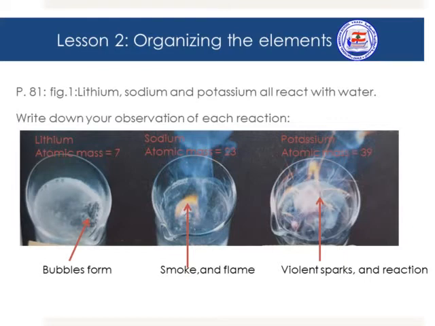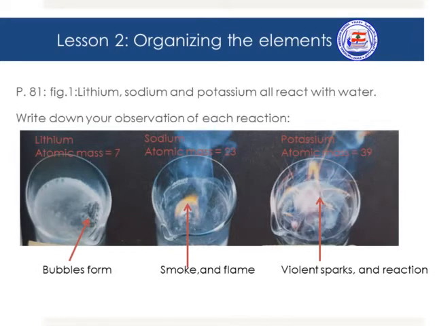Please don't forget to copy the answers on your books. Now let's take a moment and look at the picture in front of us. One question that we can ask is, what do these elements have in common? The answer is that first, they are all metals, and second, they all have the ability to react with water.